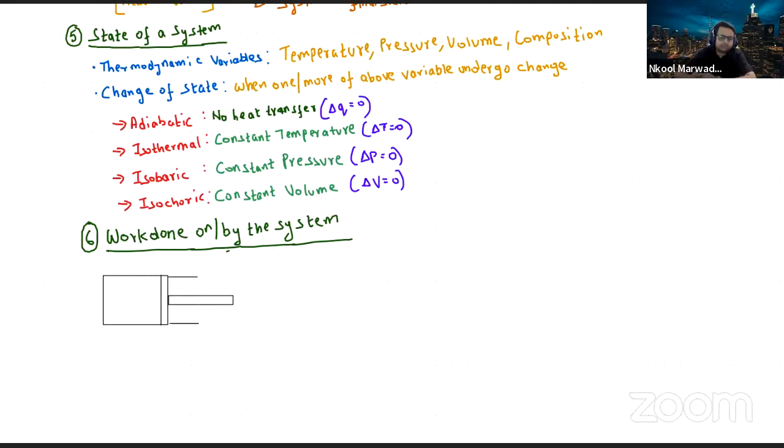Now in this system, exchange of energy can take place. Meaning to say that heat energy can get outside, from the system to the surrounding, or from the surrounding to the system, the heat energy can get inside. So heat transfer or energy transfer is possible.